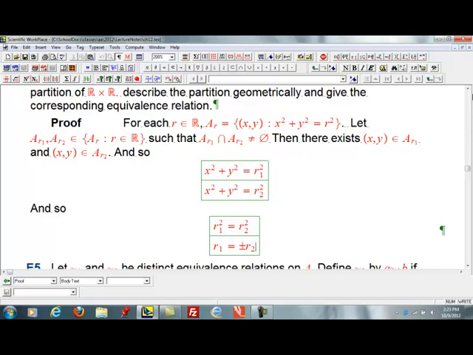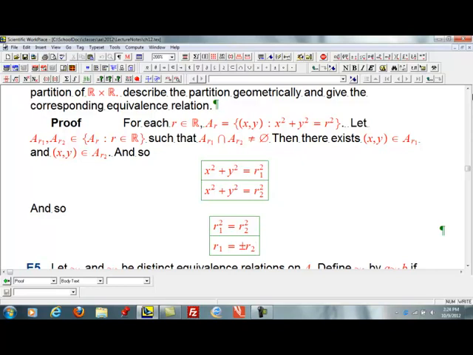We need to be able to show that the sets are the same. So if R1 equals R2, then we are done.